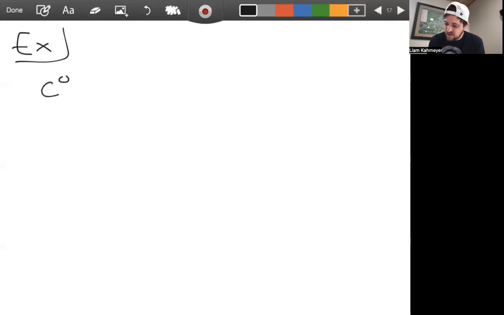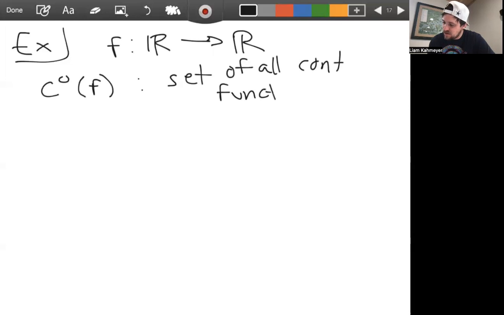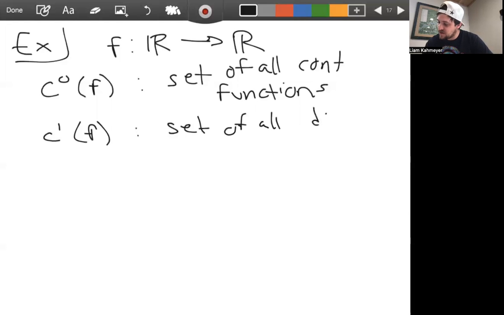So if we have C sub 0, let's say F is a map from the real numbers to the real numbers, right? This is a standard function whose graph would live in the XY plane. Well, we can define C0 of F to be the set of all continuous functions. We could define C1 of F to be the set of all differentiable functions.